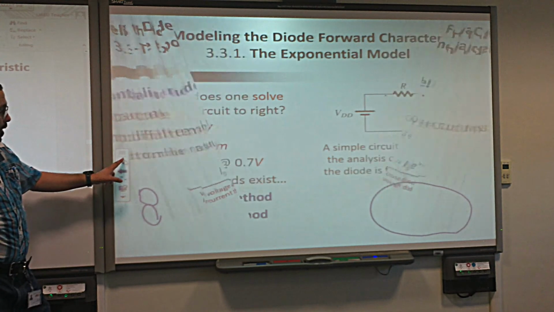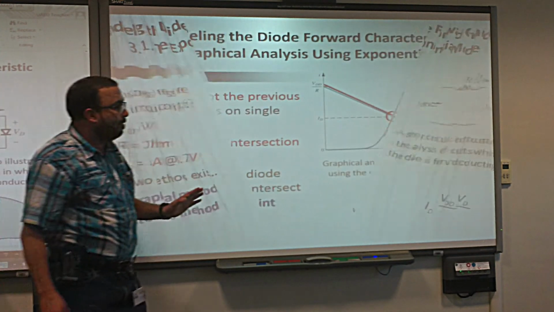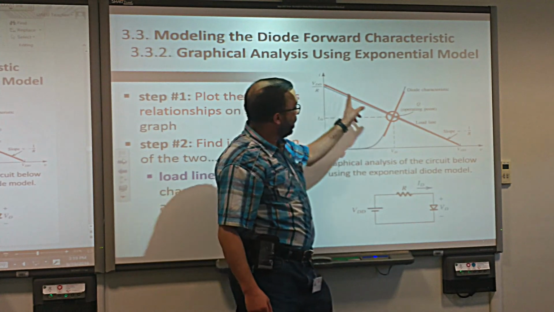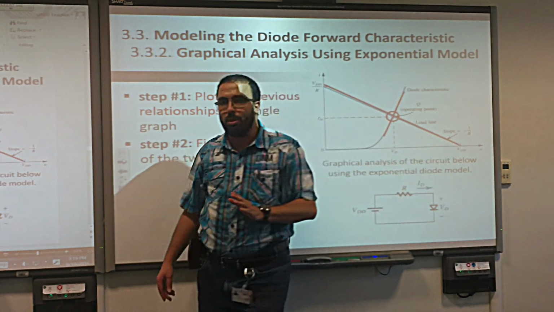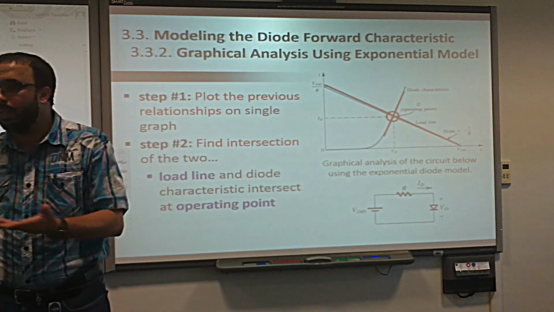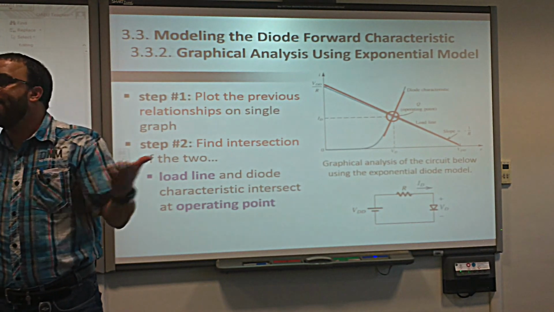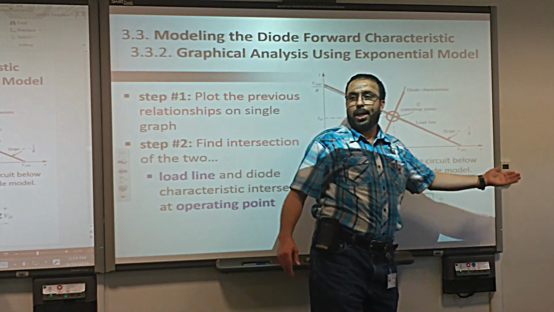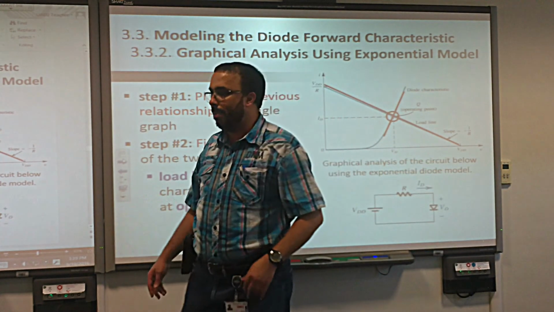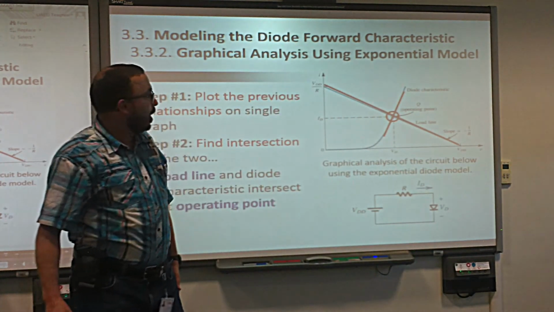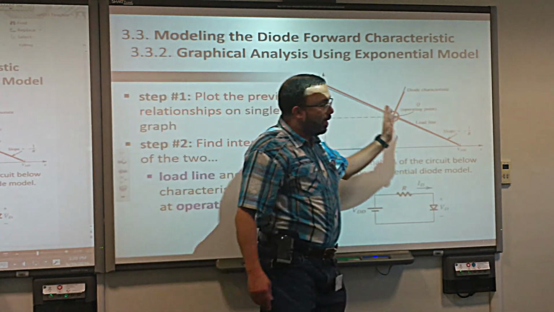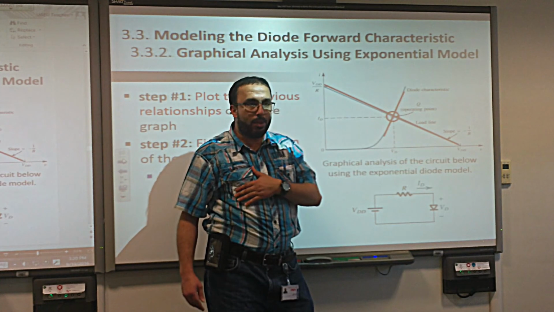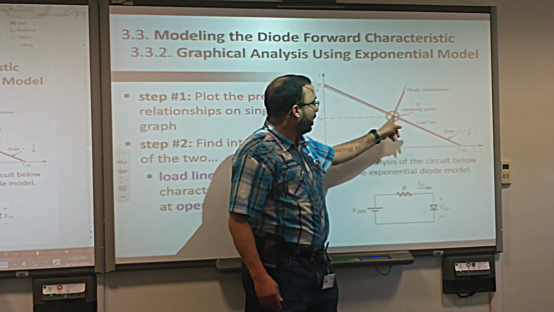We put these two equations in one graph: the graph of the diode and the graph of the line. Y is I, the current, and X is V. Don't make this mistake. I've seen this mistake many times. We draw them together, and to know the current and the voltage across the diode, I just look at the intersection of the two.